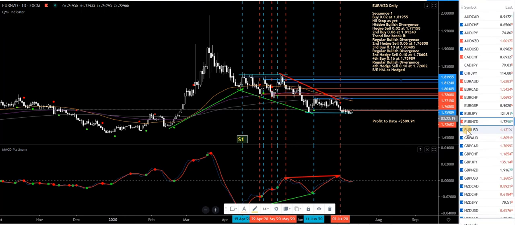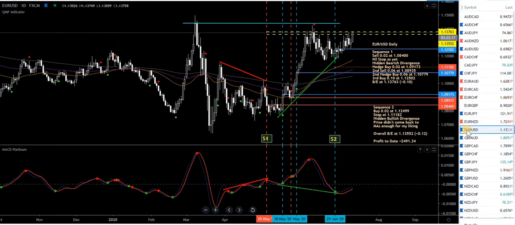Euro USD, here we go. Sequence 1's an old sequence. It's got a bit happening. Sequence 2 is a new buy trade with a stop in place. It's going up nicely. MACD still below the 0 level, heading up towards it now. And in the meantime, we're banging up towards the overall break-evens.